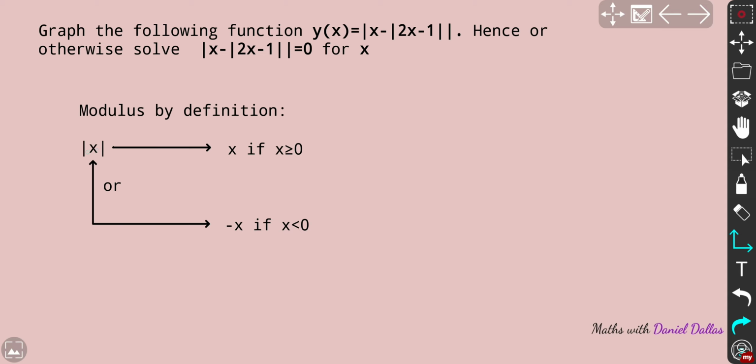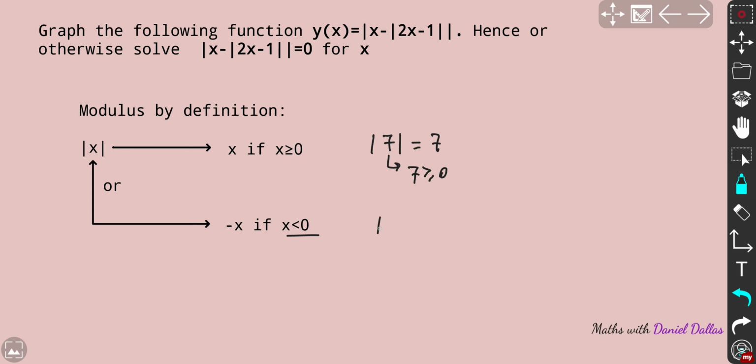So if we take an absolute value of x, this is x by definition. We simply get rid of the absolute value, those parallel lines, if and only if x is more than or equal to 0. So indeed, the absolute value of 7 is already positive, so it's simply 7, because the expression inside is more than or equal to 0. And if x itself is less than 0, we take negative x.